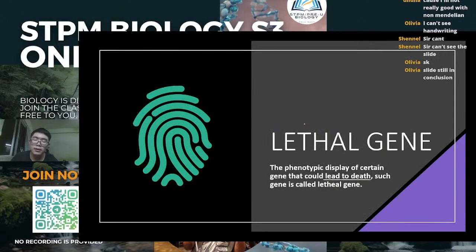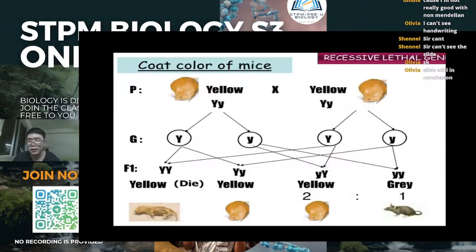Another one is the lethal gene. A lethal gene is when the phenotypic display of a certain gene causes the individual to die. If someone has this gene, they die straight away and cannot survive. One example is the coat color of mice.